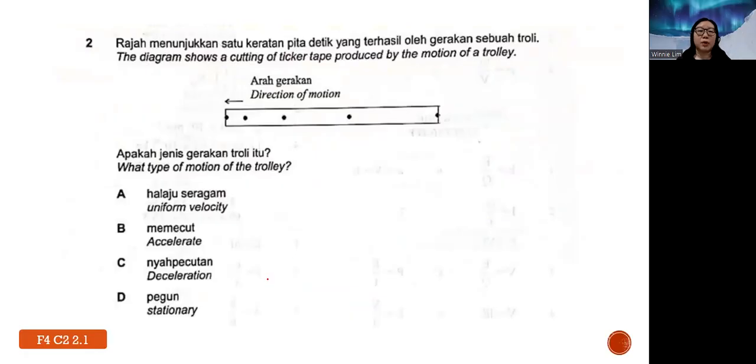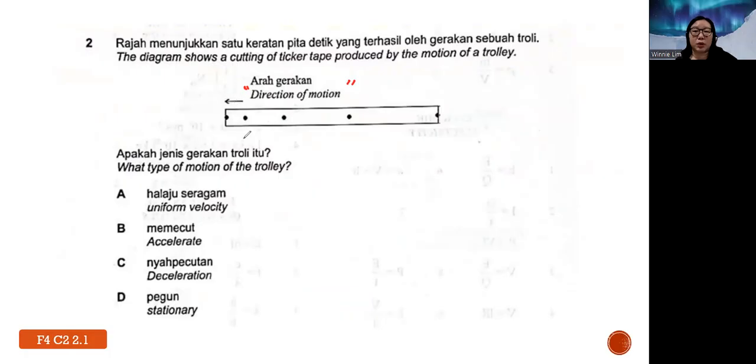Question 2. The diagram shows a cutting of ticker tape produced by the motion of a trolley. What type of motion does the trolley have? To understand the motion of the trolley, first you need to know where we pull this ticker tape. The direction of motion is also the direction from the initial position.